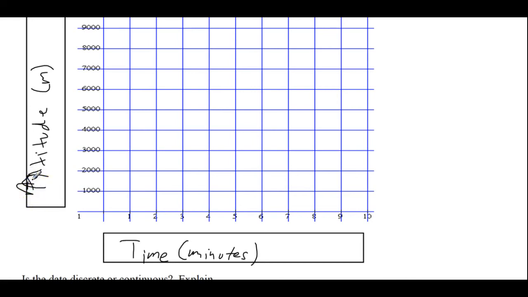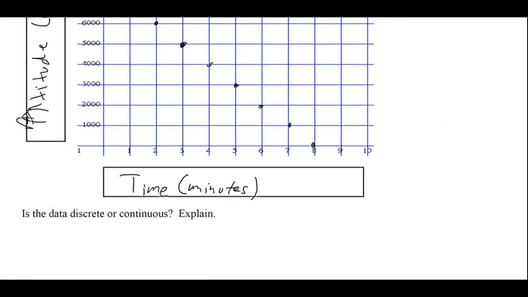It's really weird writing on a tablet this way. Okay, so at time 0, these are our ordered pairs, right? So 1, 7,000, 2, 3, 4, 5, 6, 7, 8.